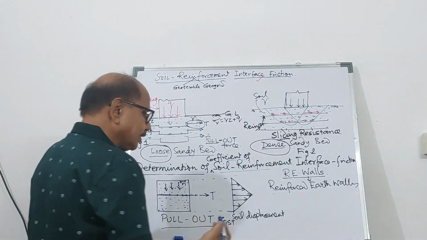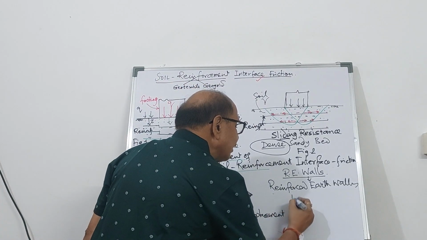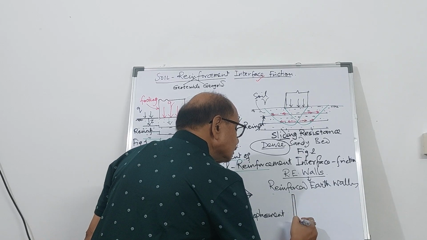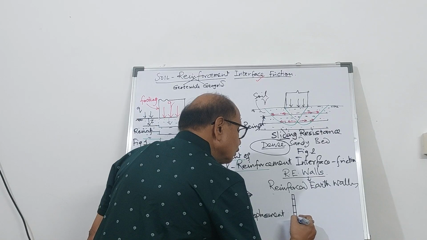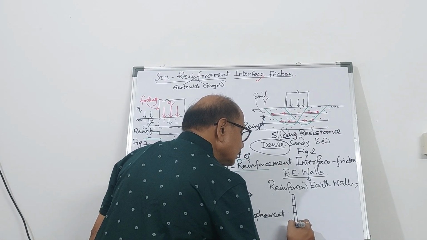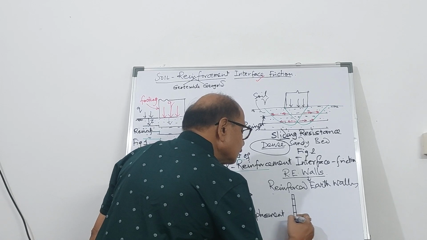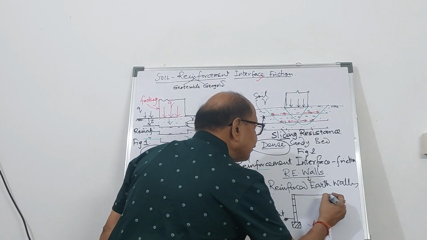How do you construct it? It's quite simple. You are going to have a facial element which is not subjected to any force, and you have a pad here. This is the ground. This is the backfill.